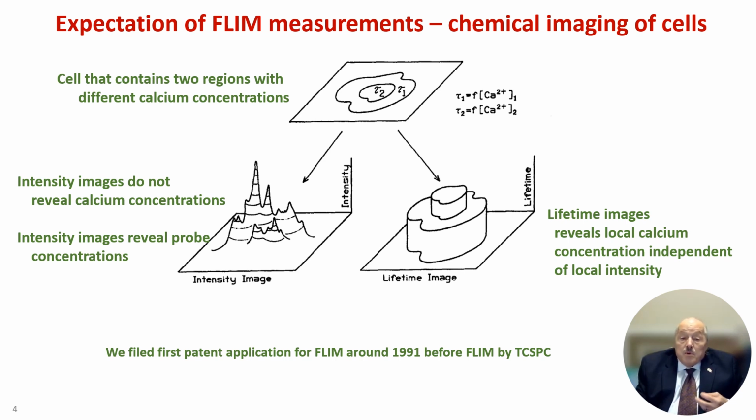And if you label a cell with a calcium-sensitive fluorophore, what you're likely to do is just see an intensity that is proportional to the amount of probe in that particular location of the cell. And that's not what you want. What you wanted to see is how much calcium is in each location.